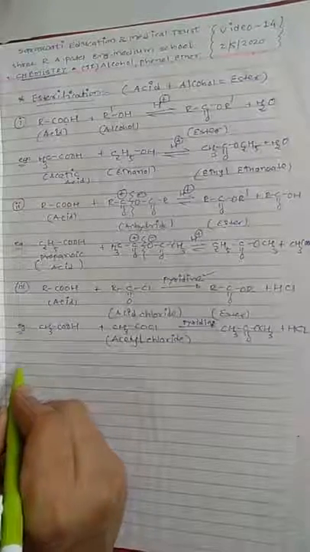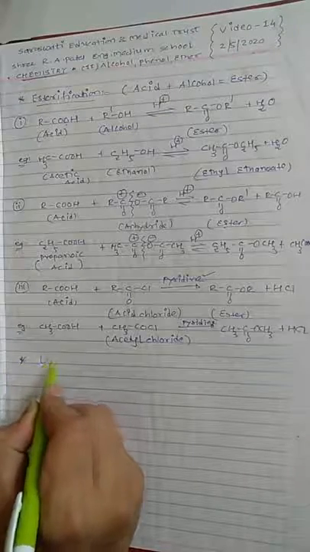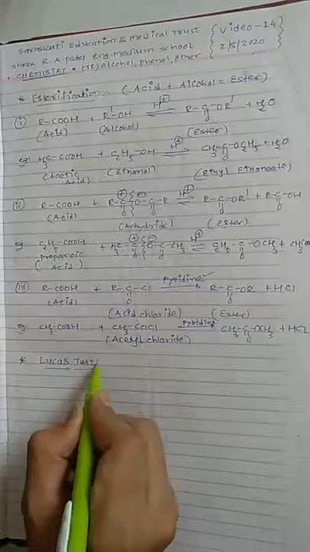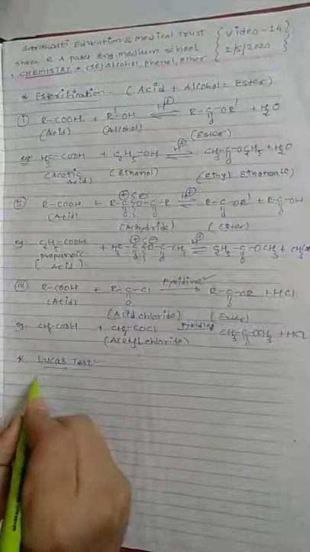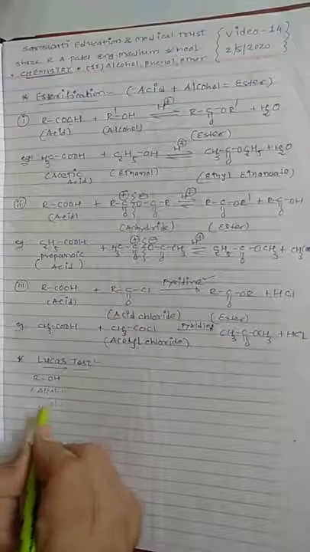Now the next topic of our revision is the Lucas test. For the Lucas test, alcohol is our reagent. So this is ROH, alcohol.